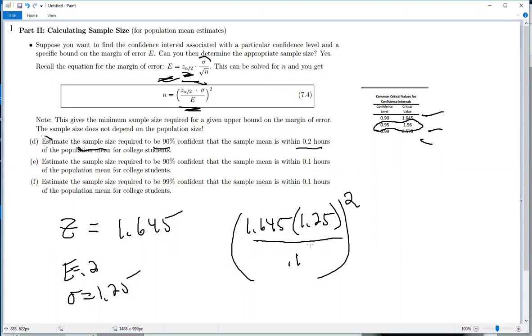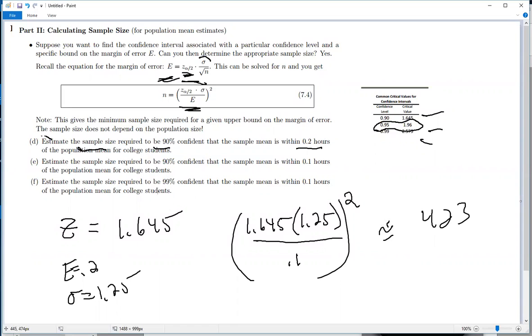So 1.645 times 1.25 divided by 0.1, I got 20.56. And then I'm going to square that. I got 422.8. So I would need 423 people to be within 0.1. Notice how much larger the sample size is.